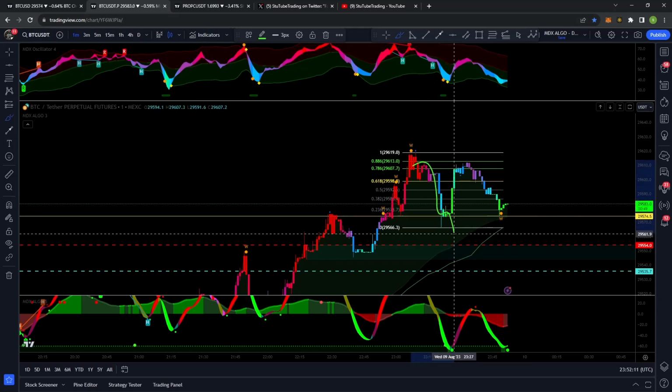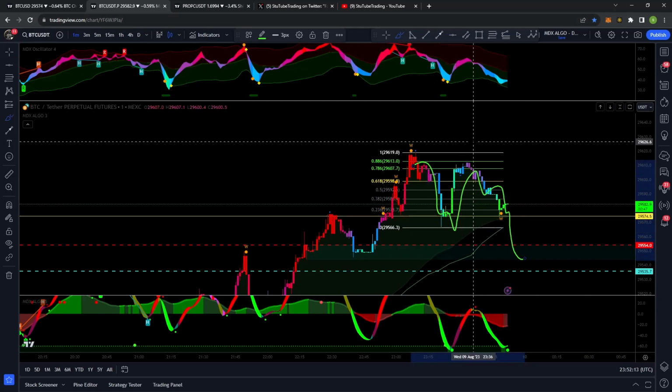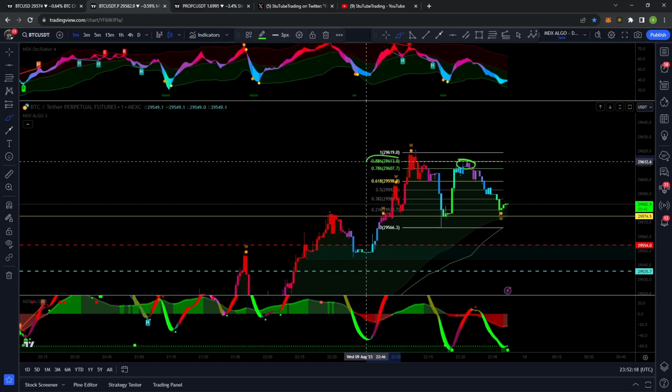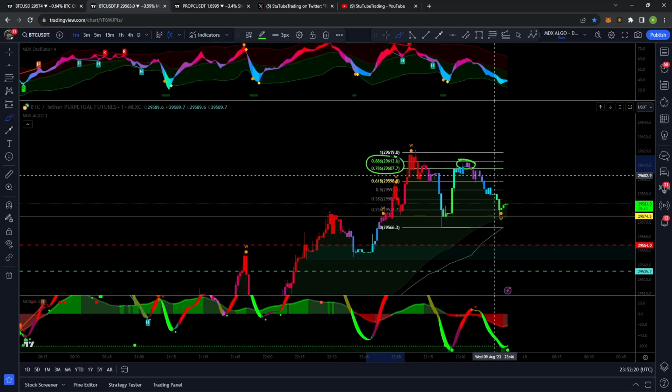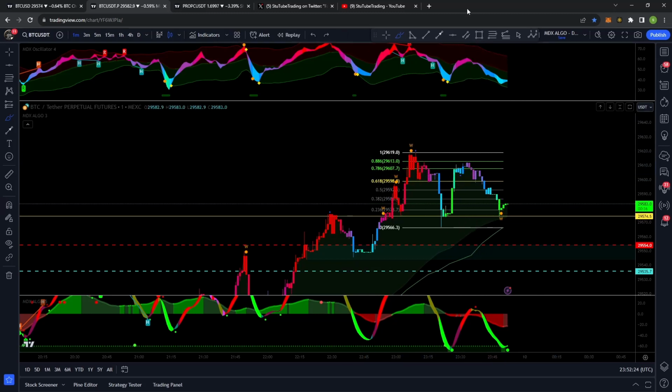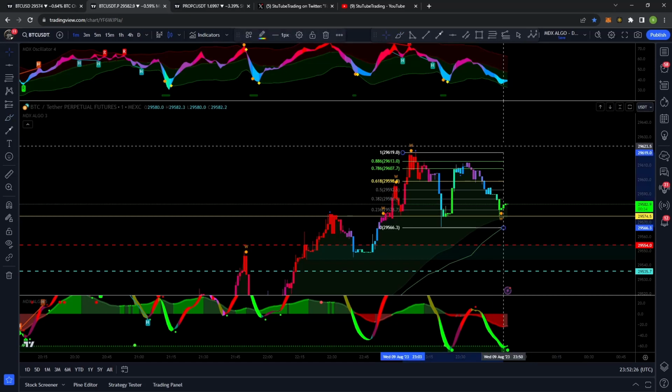Like if we would have broke some serious structure and been ready to start a downtrend. Just the fact that we were struggling right at my favorite Fibonacci pocket between the 786, 886, I should have considered taking a little bit of profits there. That's the only reason.